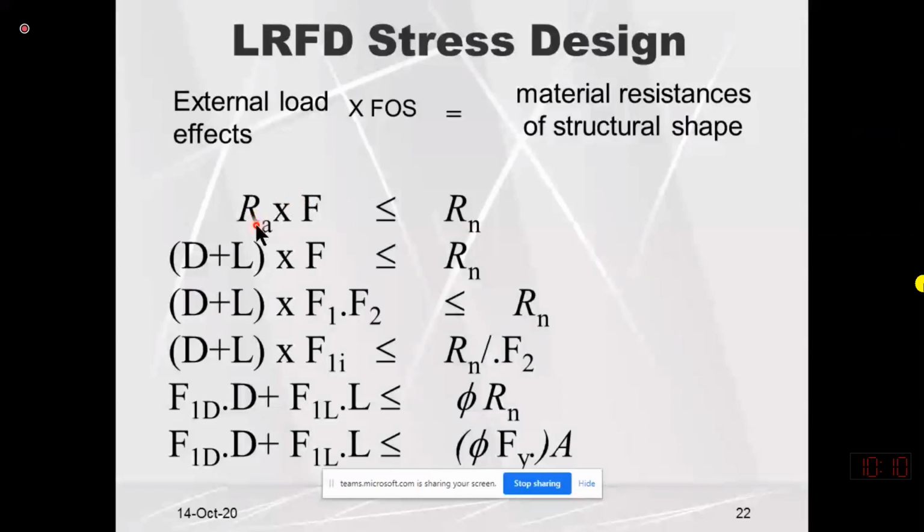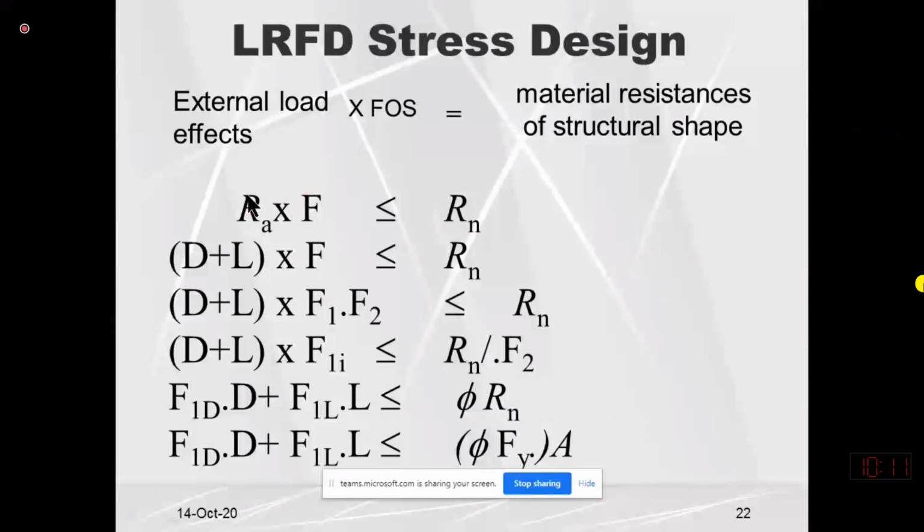If the external load effect is multiplied with F, then the left hand side should be equal to the resistance of structural components.